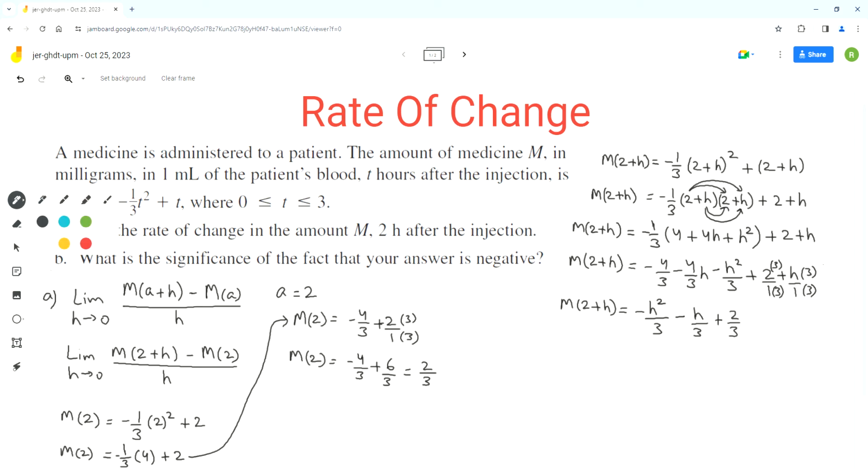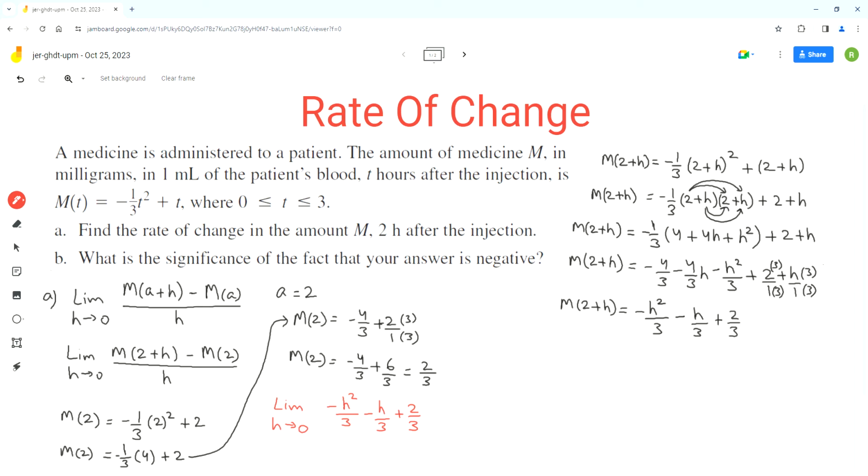And now we can sub in this expression in our limit formula. So I'll use a different color. Limit h approaches 0. M(2 + h) is minus h squared over 3 minus h over 3 plus 2 over 3. So that's M(2 + h).